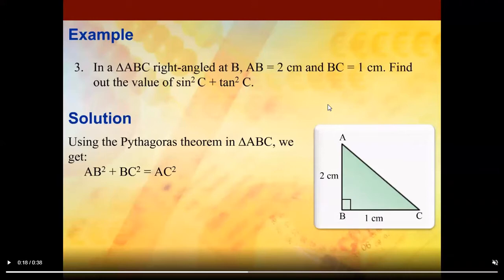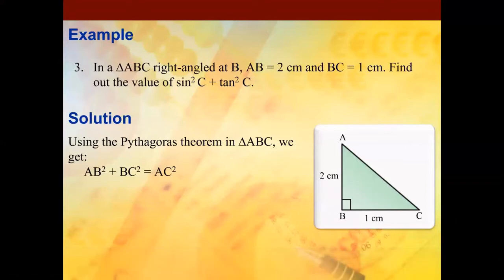Now substitute the values of AB and BC in Pythagoras. After substituting, we get 2 square plus 1 square, which is nothing but 4 plus 1. So AC we will get as root 5 centimeter.